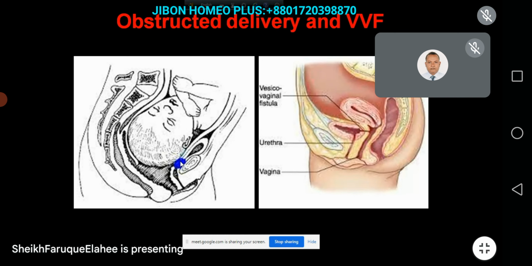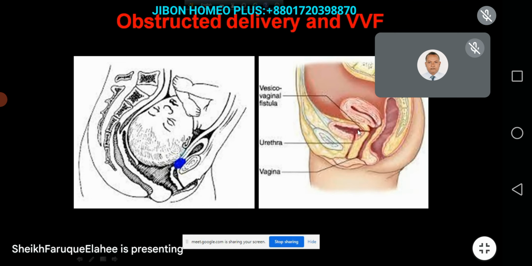Urine is flowing involuntarily. What happened? By the continuous pressure, the vaginal wall and the bladder wall become degenerated, and after 1 or 2 weeks, this will be sloughed out.